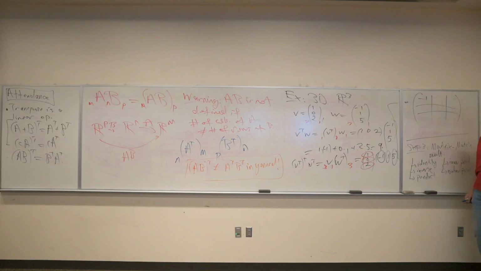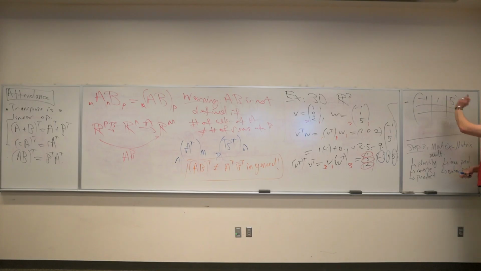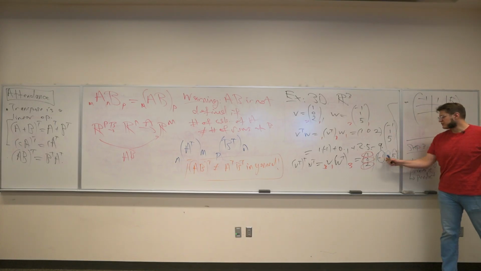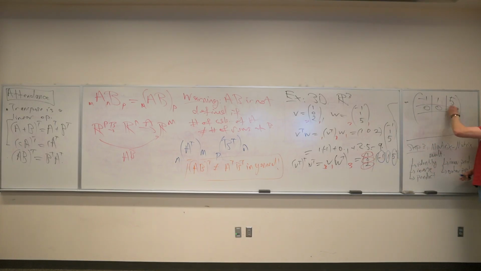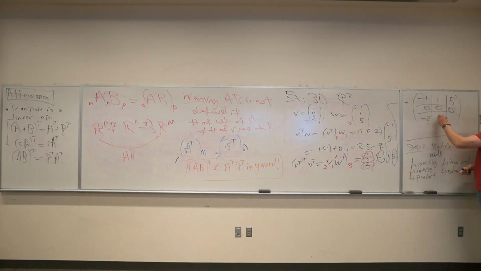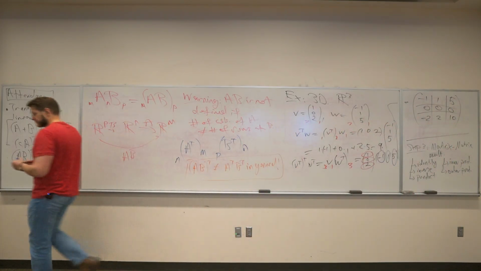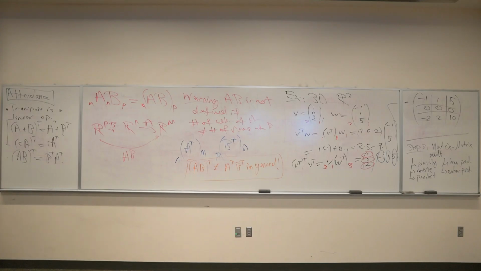So that's -1. The second row is going to be 0. The third row is going to be twice this. Any comments about this?